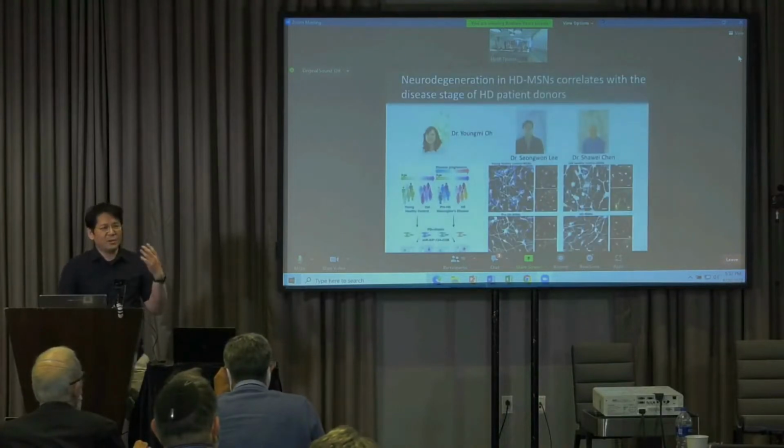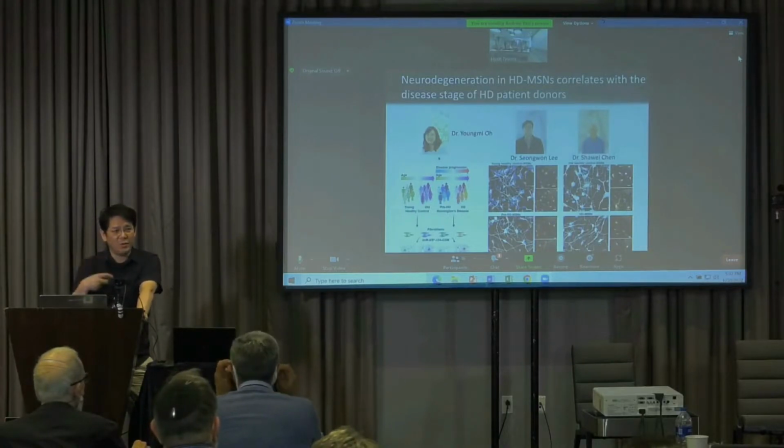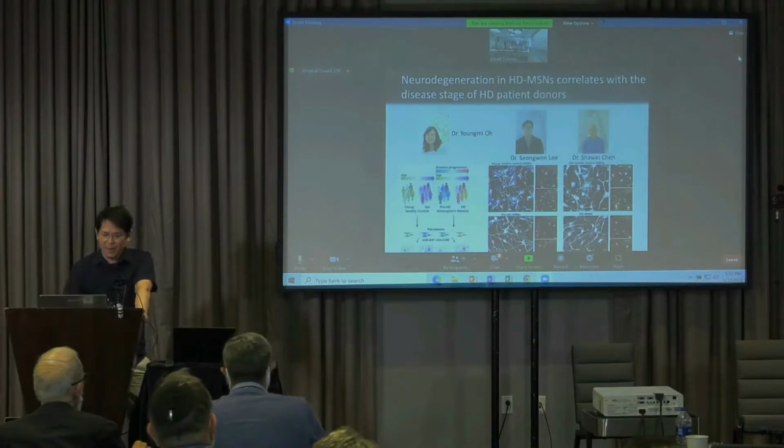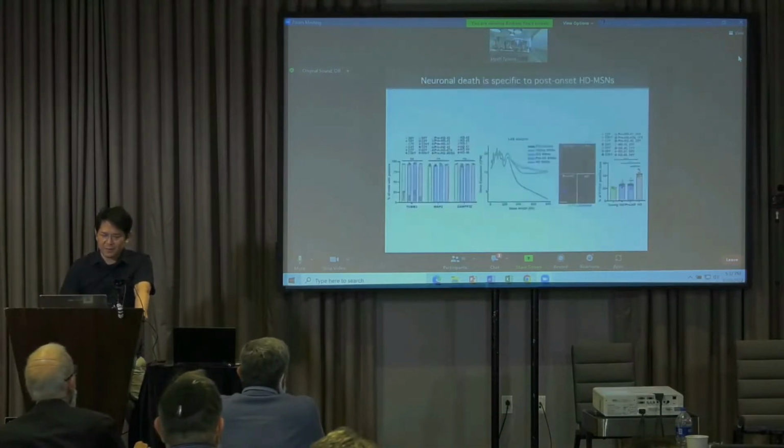Knowing that, and also knowing the importance of age for adult-onset disorders, Youngmi Oh, along with Songwon and Xiaowei in the lab, tried to see why we see this phenotype. For Youngmi's study, she collected fibroblast samples from patients before the onset of pathology, and also fibroblast samples from symptomatic patients. Then we turned them into neurons and compared neurodegenerative pathology.